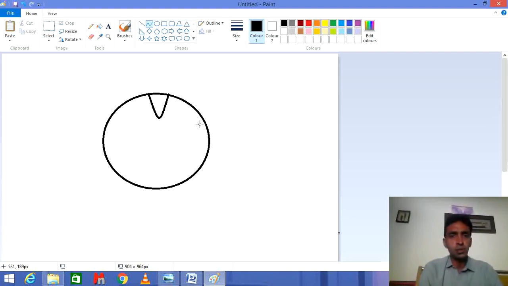Beside the uvula, on the lateral side, two glands are present, but these glands are not in the oral cavity. These are beyond the oral cavity. Two glands are there, one over here and one on this area on the lateral side.